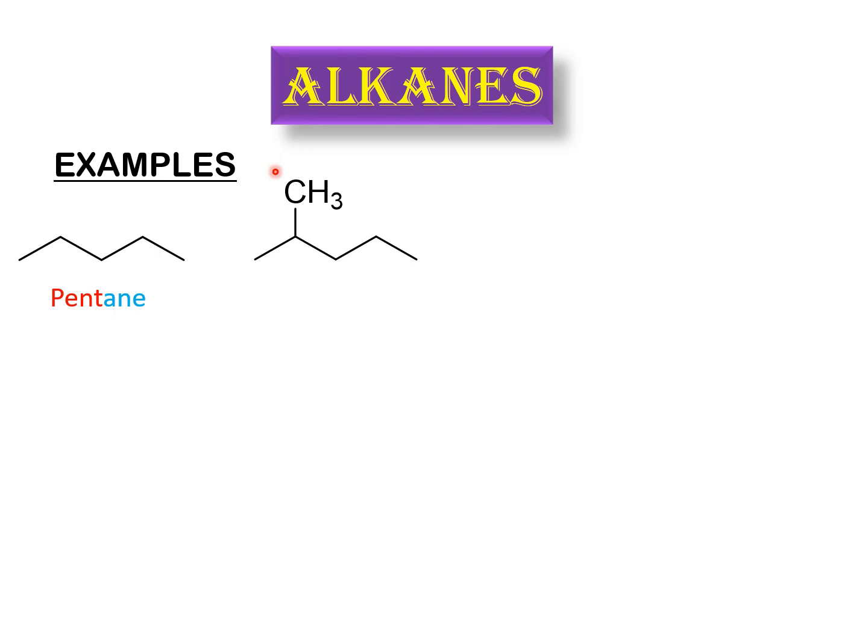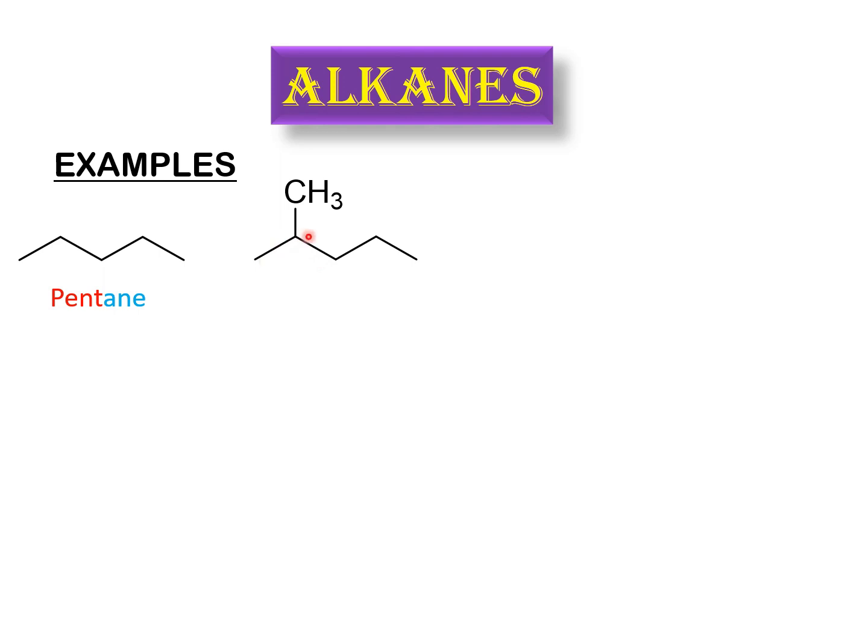The next rule is to number the carbon atoms in the chain. So you have to assign numbers to all the carbon atoms, and the rule is that you have to start numbering from one end, and that would be the end from where all the substituents present in the molecule get the lowest position of the locant. So we can start from this end to have this CH3 substituent at carbon number 2, 1, 2, 3, 4, 5, or we can start from this end, 1, 2, 3, 4, 5.